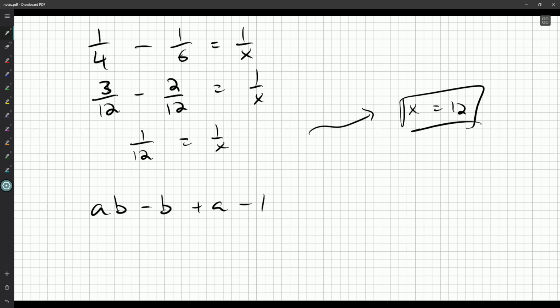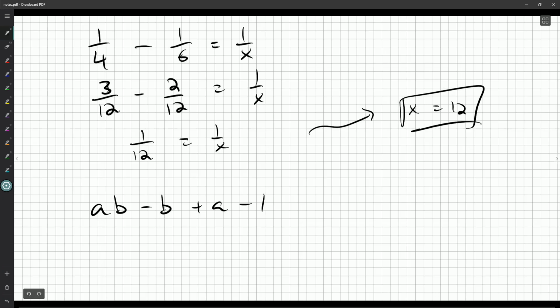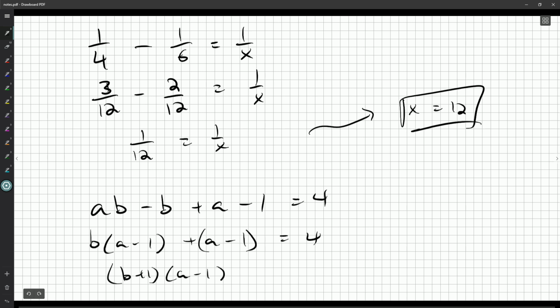It looks like I can take out a factor of b here, get b times a minus 1 plus a minus 1. And now I can take out the factors of a minus 1 that I see, and we'll get b plus 1 times a minus 1 needs to be equal to 4.